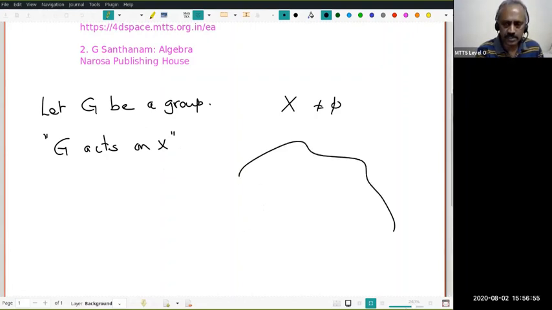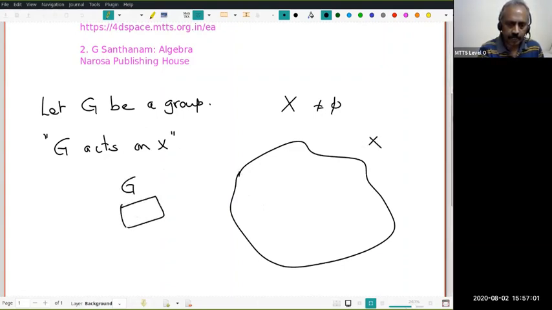So suppose X is a set, and G is a group. The elements are these two, and X is a set whose elements we need not worry about for now.